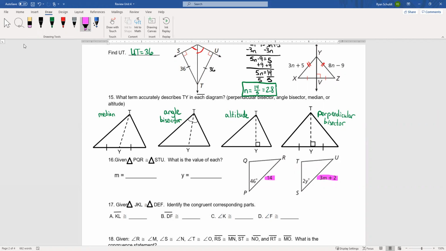So I can set 3M plus 2 equal to 14. Subtract my 2. I get 3M equals 12. Divide by 3. And I get M equals 4.